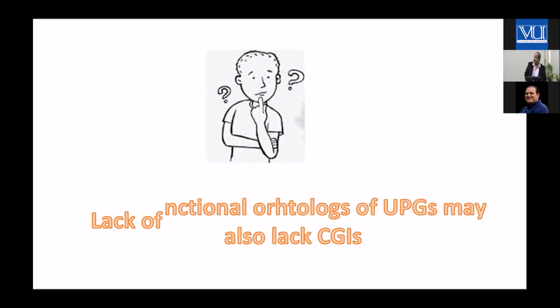The status of CGIs in functional orthologs of mice. If it's a causal event, the correlation is like that. If the lack of CGIs leads to the pseudogenization of the genes in me, then we must see the same lack of CGIs in the functional orthologs, that is in mice also.